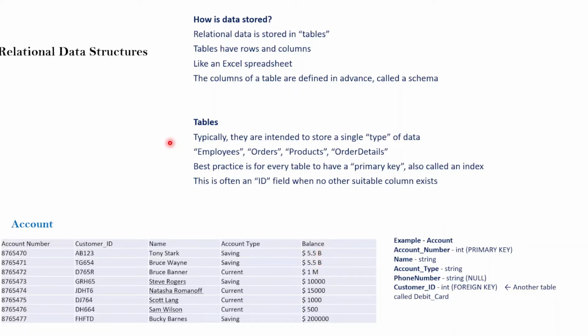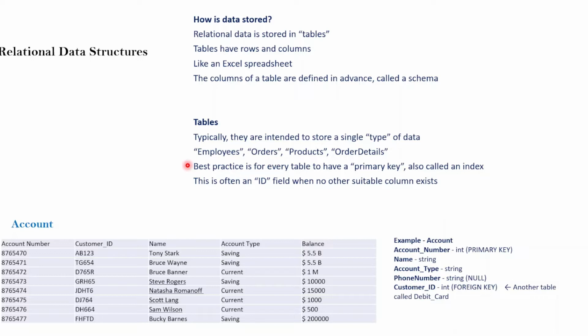So, tables we create store a single type of data, those are relational data, like employee, orders, details. Whatever the relevance of the data looks like, we create the name accordingly.